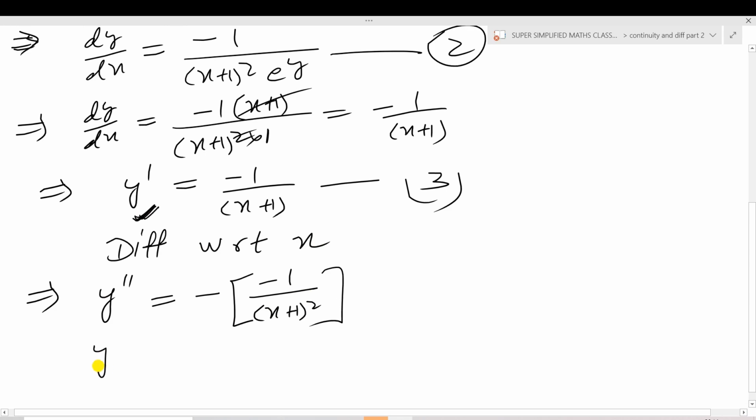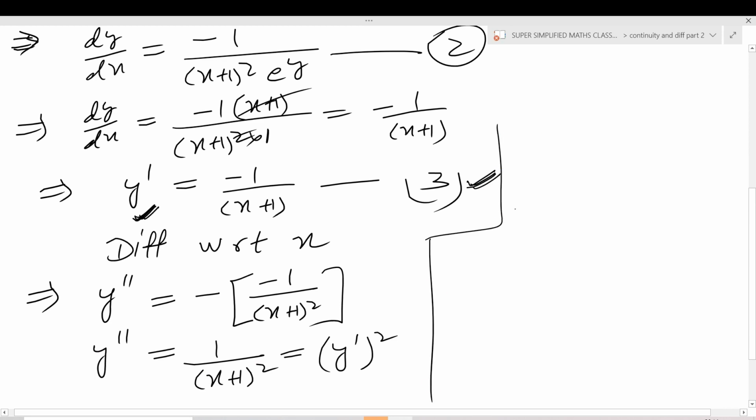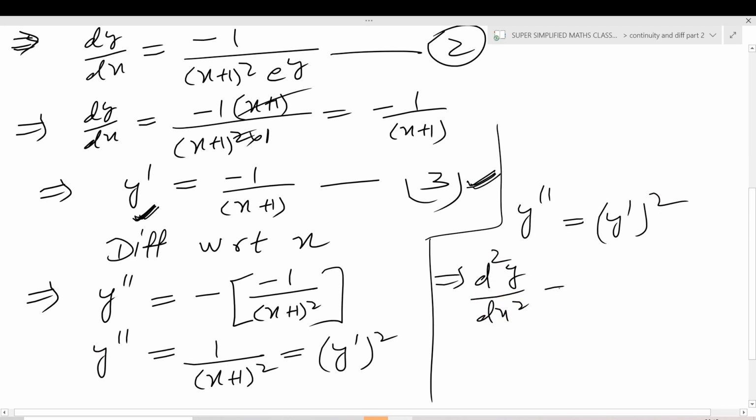So we get y double dash is equal to minus minus plus 1 upon (x plus 1) whole square, which is nothing but square of y dash, as you can see from equation number 3. Y dash is 1 upon x plus 1. So finally we get that y double dash is equal to y dash whole square. That means d²y/dx² is equal to (dy/dx) whole square.